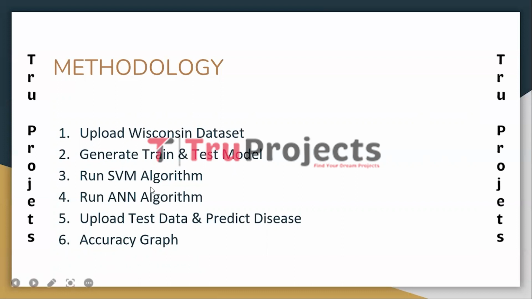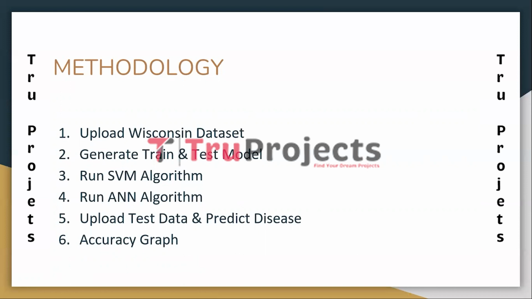The third module is run SVM algorithm. Implement this module with the support vector machine algorithm using a suitable machine learning library. Train the SVM model using the training dataset, adjusting the hyperparameters as needed to optimize the performance. The SVM algorithm will create a line or hyperplane to separate the data into the classes that are normal or infected.